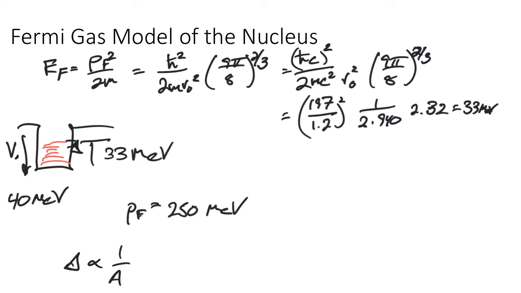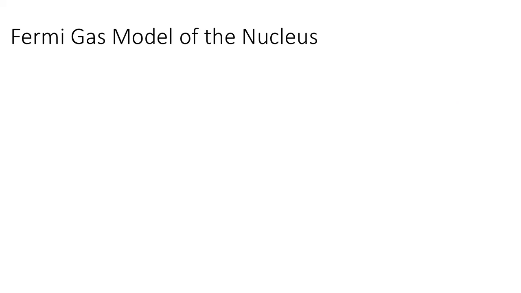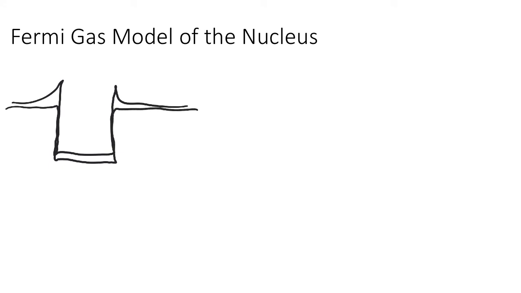Okay, so then let's think about the pairing term of the semi-empirical mass formula. I'm going to draw my standard well. That's the proton part. Here's the neutron part. And I imagine that I've filled up all the protons up to some level and all the neutrons up to some level.